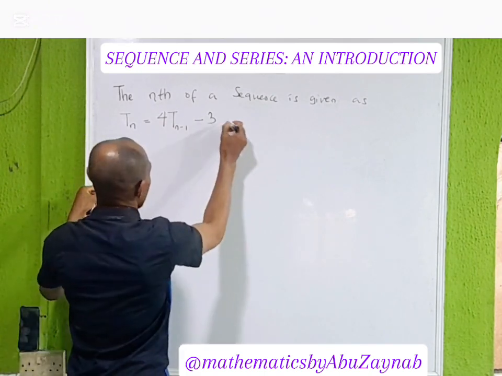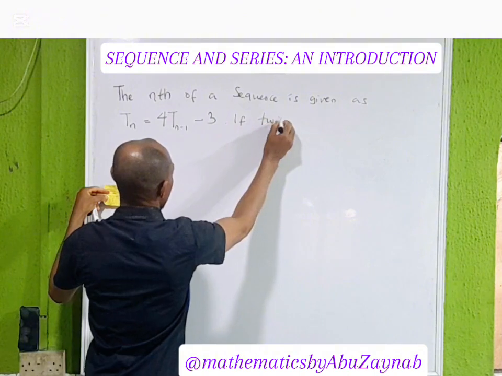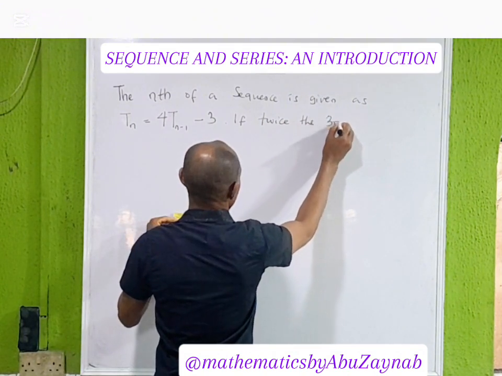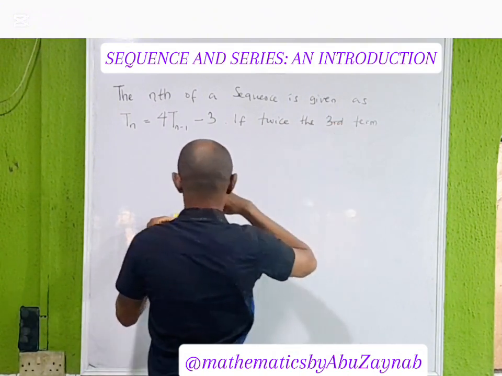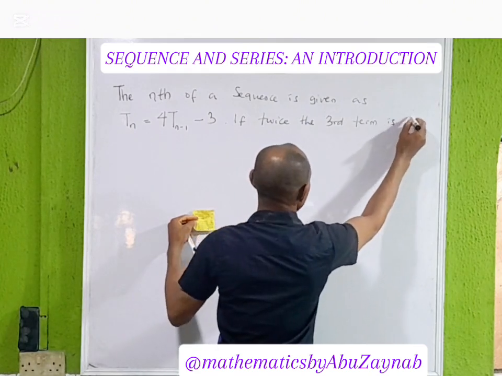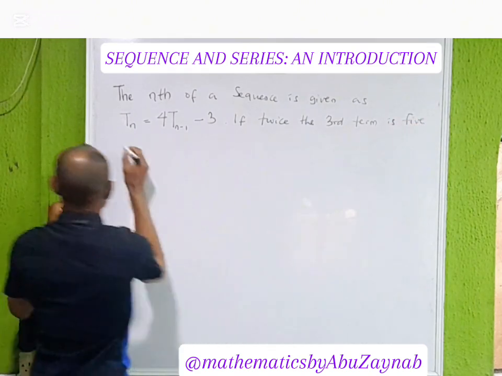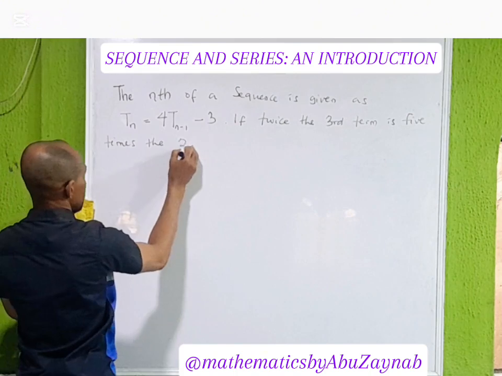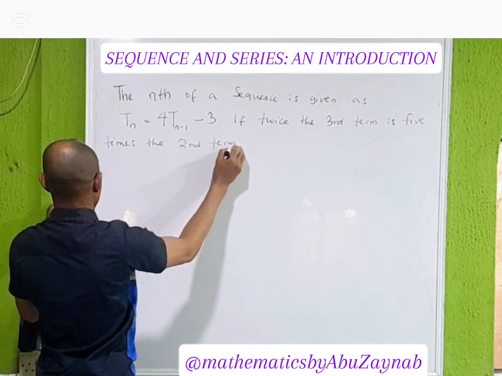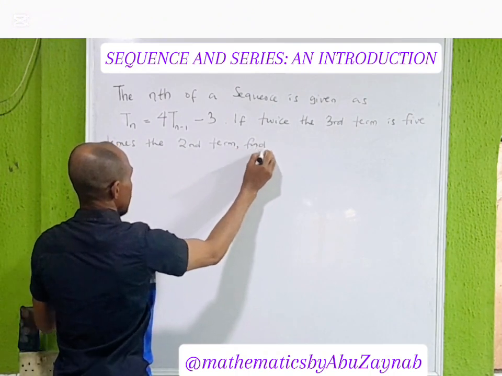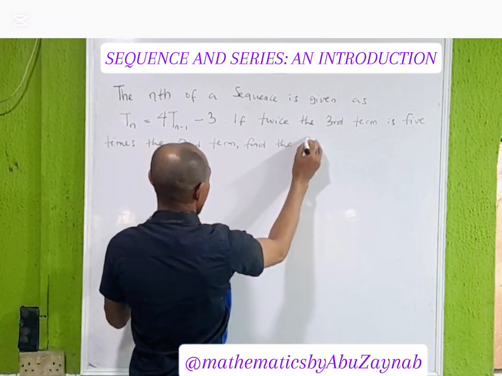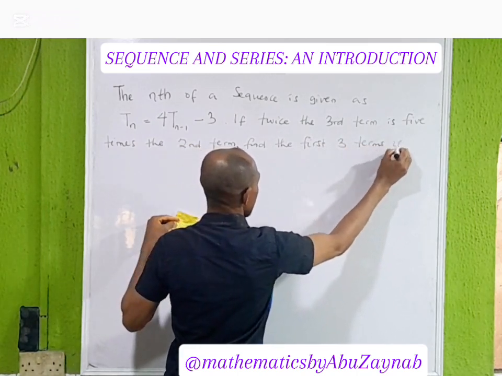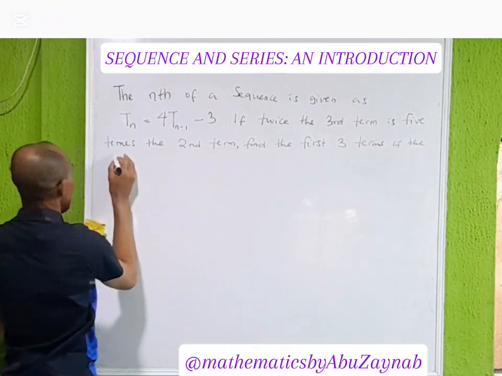If twice the third term is 5 times the second term, find the first 3 terms of the sequence.